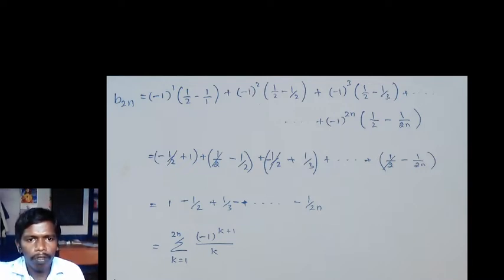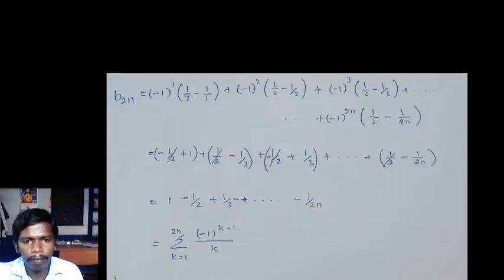So when you simplify these things as displayed here, what will you get? b_2n is equal to the summation k equal to 1 to 2n of (-1)^(k+1)/k.